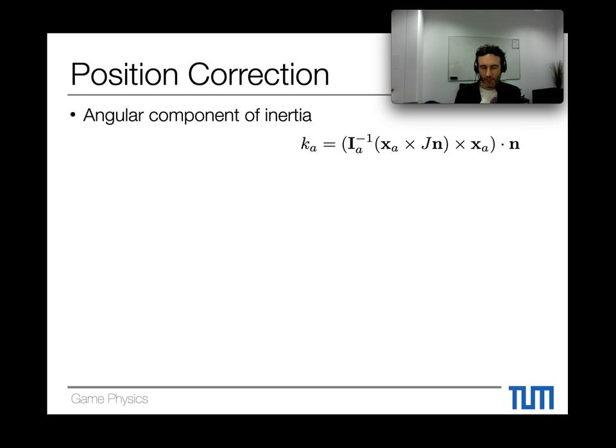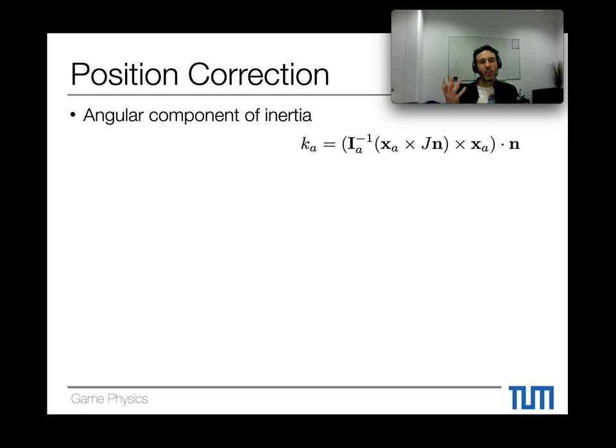So the angular component of such an impulse is given by this expression. So here we have some impulse j acting along the normal, right? And then from the impulse equation, this is the whole effect it has.